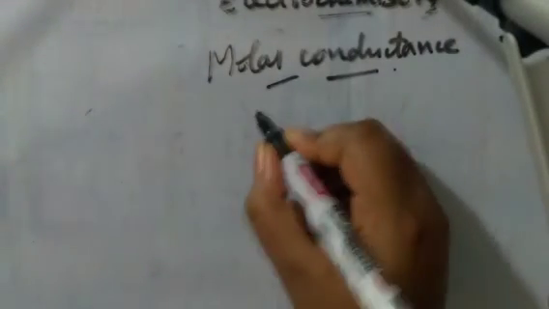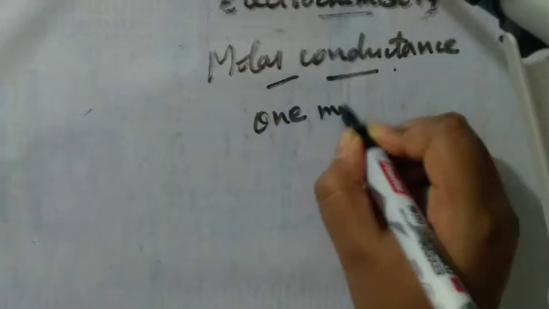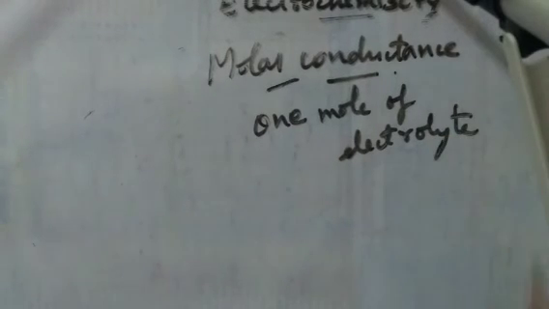Next we are going to study about molar conductance. Molar conductance is similar to equivalent conductance, but here we consider 1 mole of electrolyte. There we took 1 equivalent of electrolyte and considered the conduction of the ions produced by it.